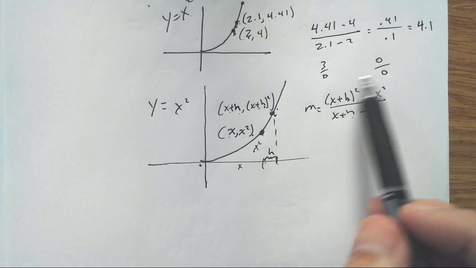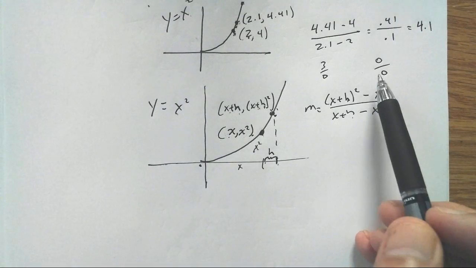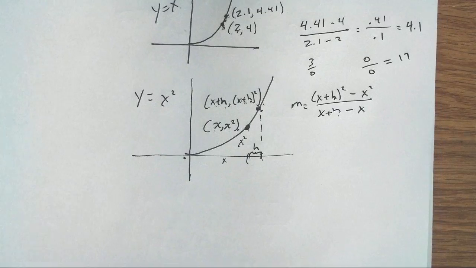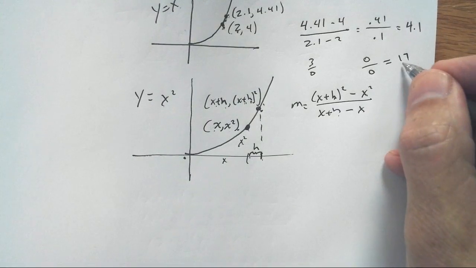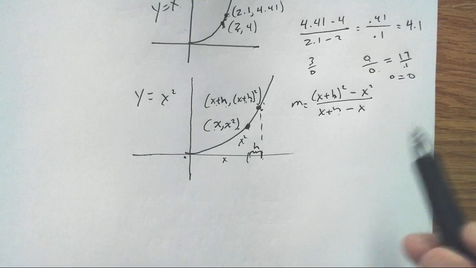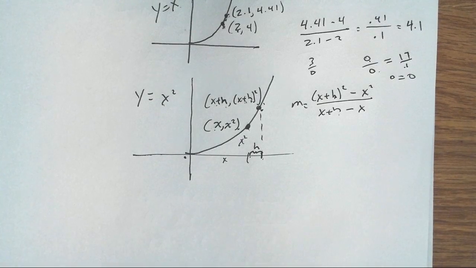So, I don't know, 0 on 0, it's 0. Oh, no, it's infinity. No, it's 17. How in the world can you say that? Well, if I make this 17 on 1 and I cross multiply, I get 0 equals 0. So 0 on 0 must be 17. Like, it can't be anything. It must be 0. It could be everything. 0 on 0 is a big troublemaker for us.